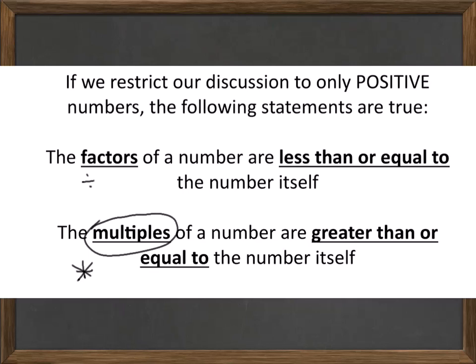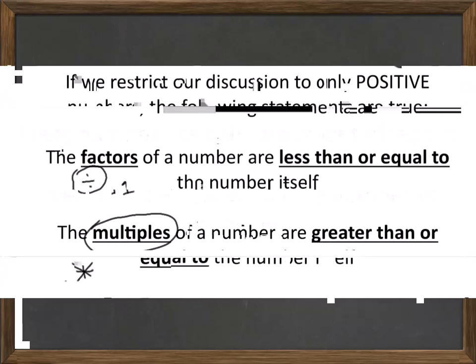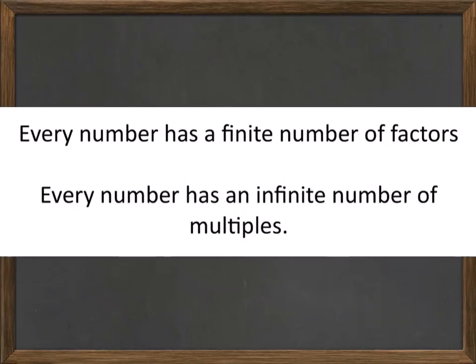If I keep multiplying by whole numbers, 1, 2, 3, that's going to make numbers bigger, and there's not really an upper limit on infinity. When we divide, there is a lower limit, because we only go down to 1. 1 is going to be the lower limit of our factors. So we also know that every number has a finite number of factors, but an infinite number of multiples.